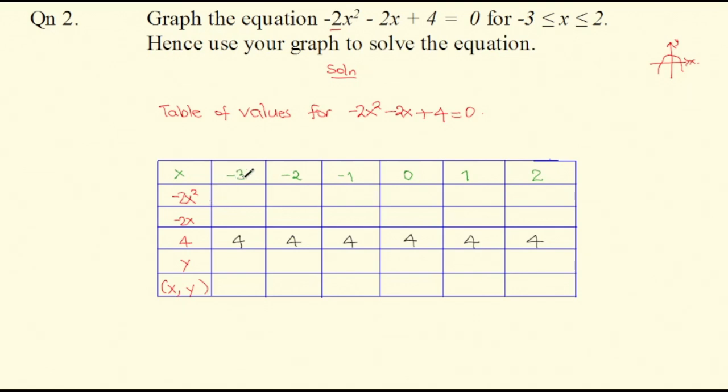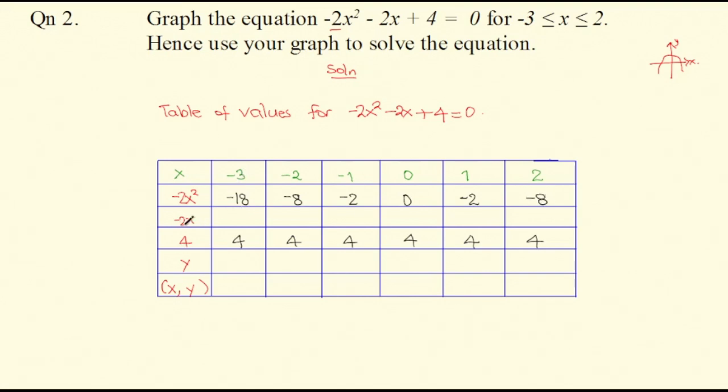So we have -3 replacing x, so -3 squared is +9 times -2, we get -18. -2 squared is +4 times -2, we get -8. -1 squared is +1 times -2, we get -2. This one vanishes to 0. 1 squared is 1 times -2, also -2. 2 squared is 4 times -2, we get -8.